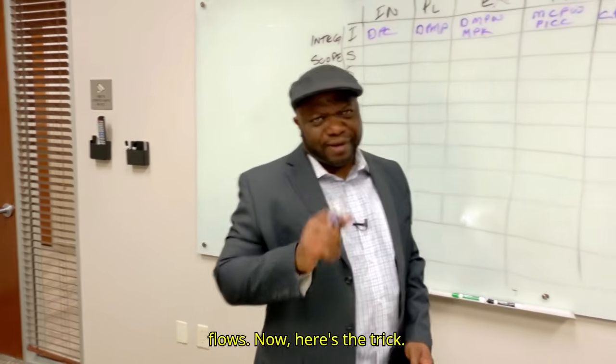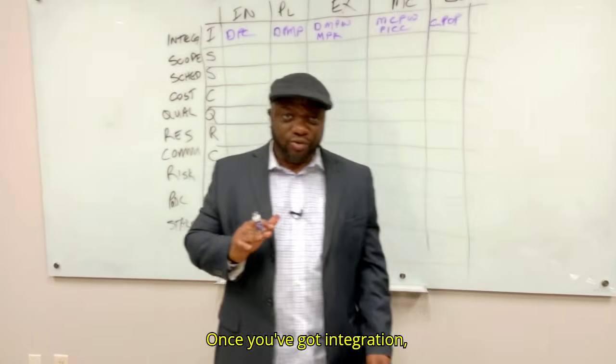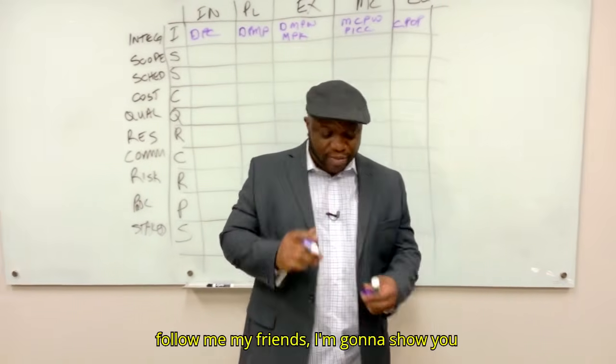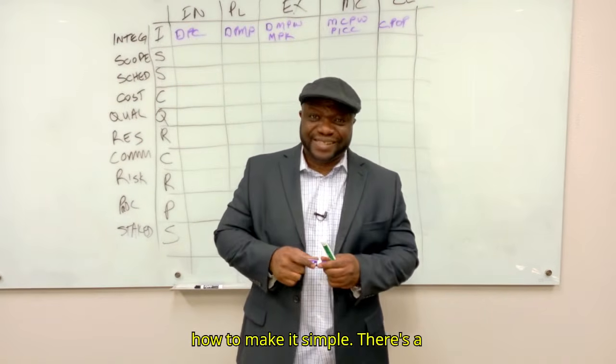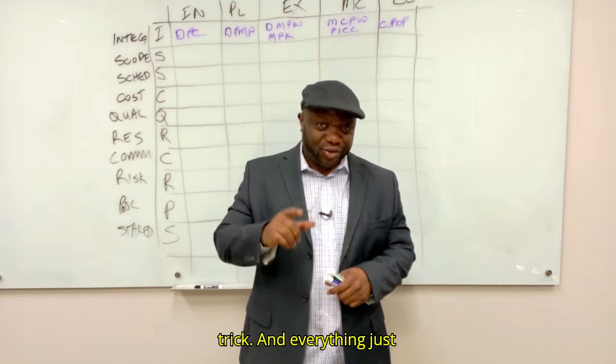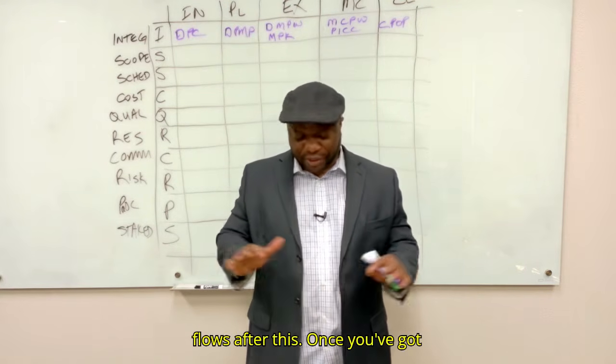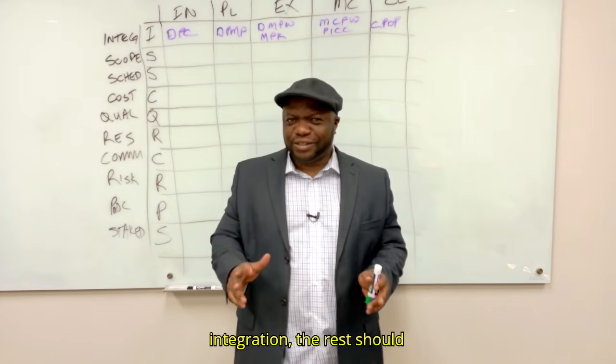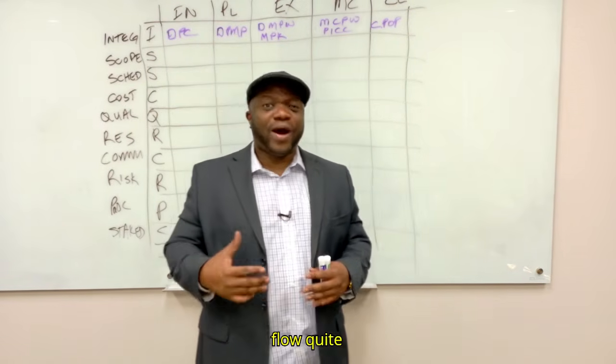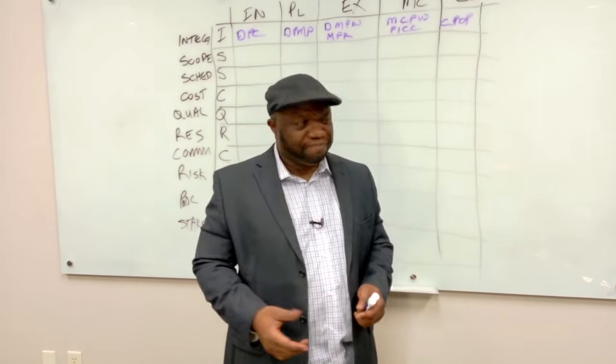Now, here's the trick. Once you've got integration, follow me, my friends. I'm going to show you how to make it simple. There's a trick, and everything just flows after this. Once you've got integration, the rest should flow quite intuitively.